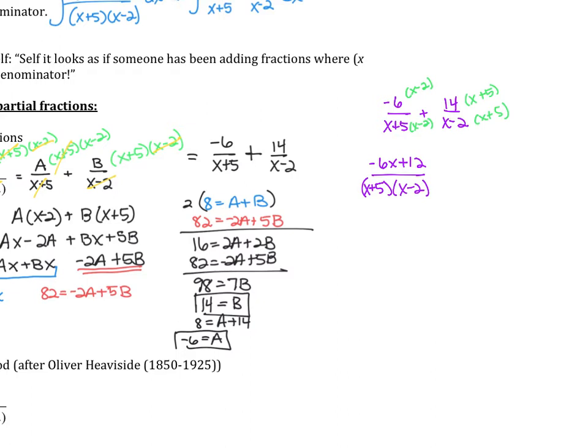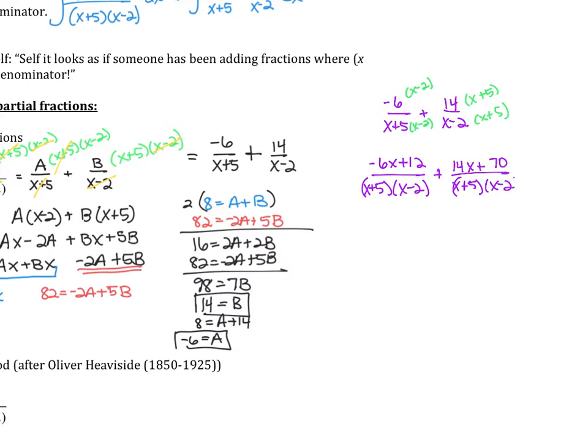We know that factors to be the x squared plus 3x minus 10, so that's not the question. And if I multiply 14 by x plus 5, we get 14x plus 14 times 5 is 70, and so we get x plus 5 times x minus 2.